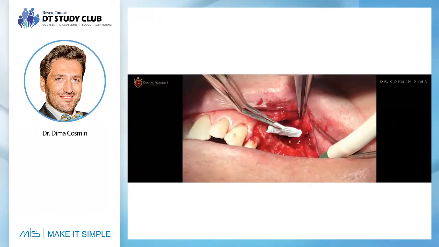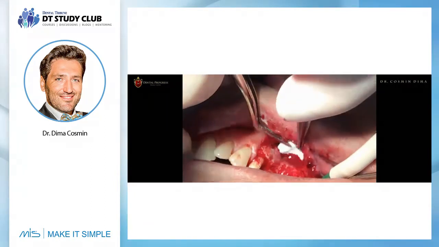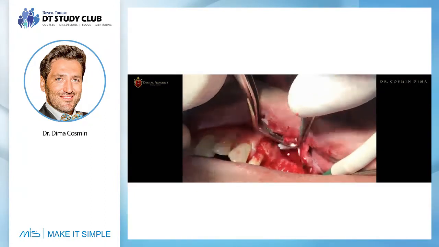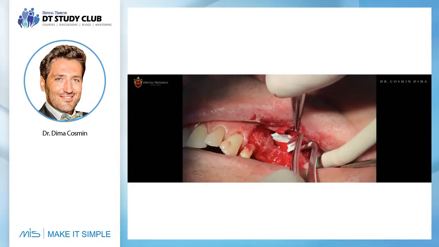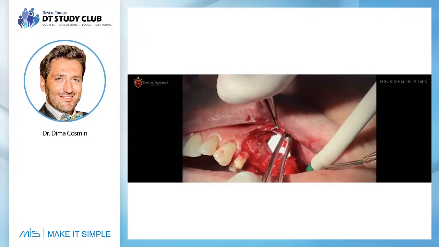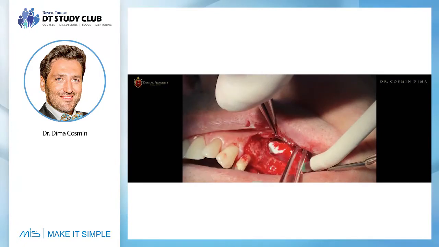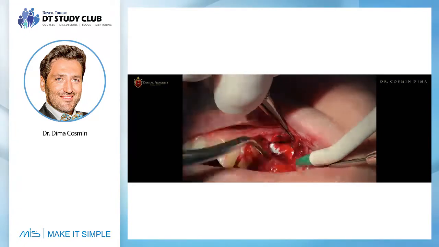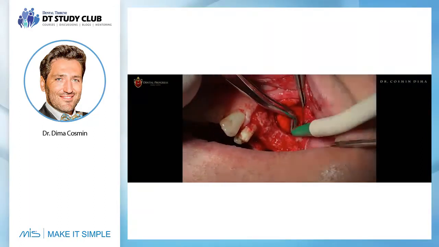We protect the perforation with this resorbable collagen membrane, 3-4 times bigger than the perforation. So this is the first layer, and after that we use the second layer. So there is no chance that augmentation material could go inside the sinus.